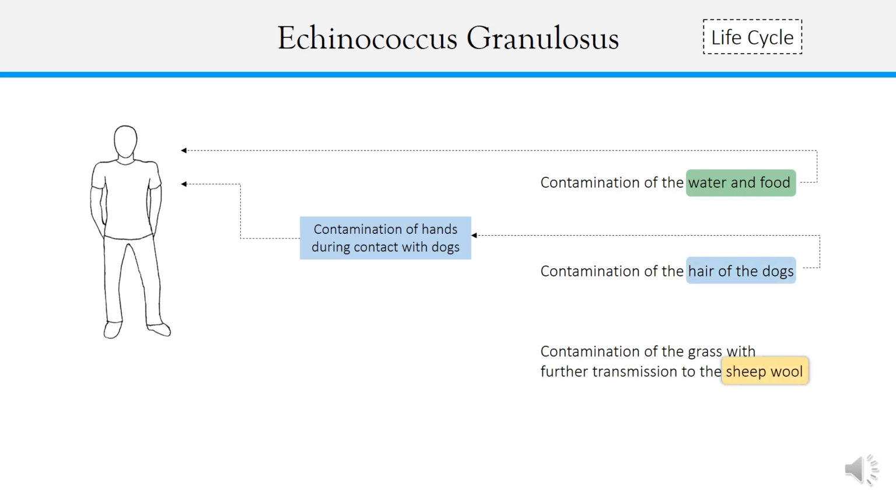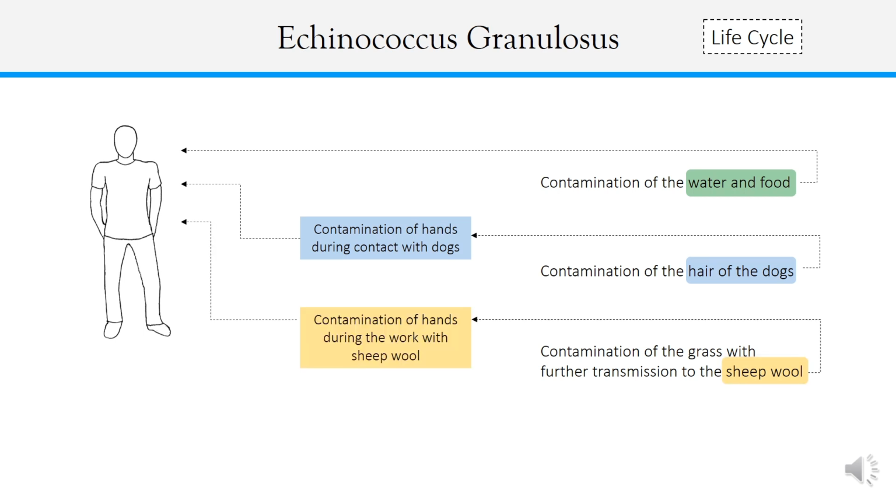And in case eggs are transferred to the sheep wool, this may lead to contamination of hands during the work of people who work with sheep. In all of these cases of infection, a human will be infected with eggs containing oncospheres, and in this case the human will be an intermediate host.